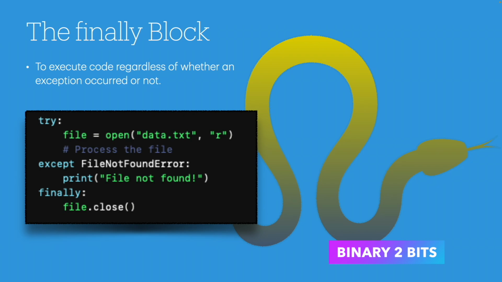So we handle that exception, file not found error, and print that the file was not found. If the file is not found, the program raises that error, the except block handles it using file not found error, and finally we close the file with file dot close.